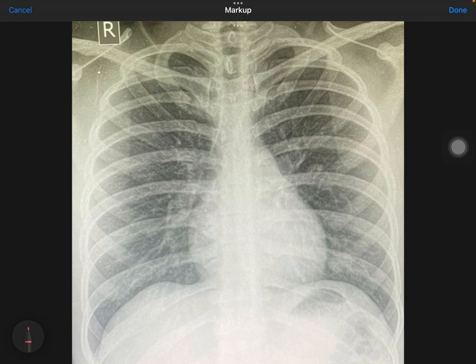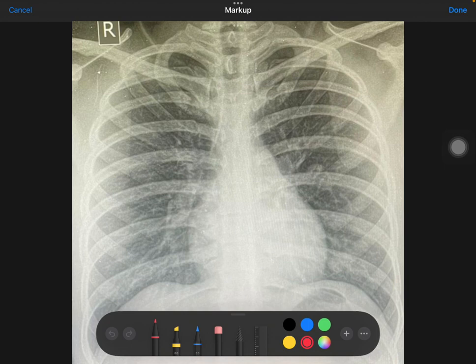The next thing that we have to see is the depth of inspiration. How do we see it? We have to count the anterior ribs. Now it is imperative to know how to count the anterior ribs and the posterior ribs. First we trace the rib from the back to the front.